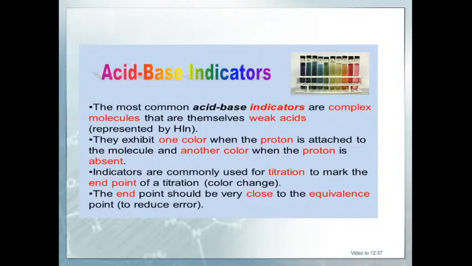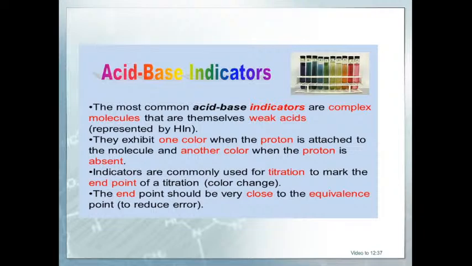Most of them are weak organic compounds. They can be acidic or basic in nature, right? An indicator dissociates slightly in solution, producing ions and undissociated molecules, and that's why they are weak organic compounds, right? So the color of the ion produced depends on the hydrogen ion concentration or the pH of the medium.